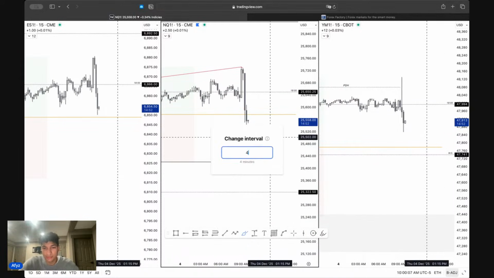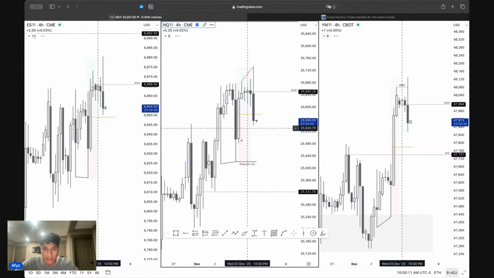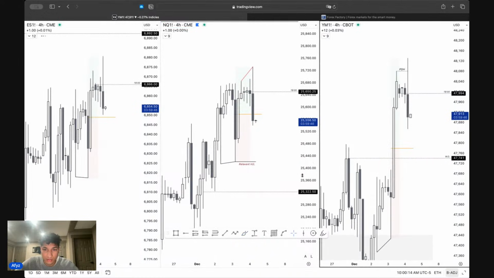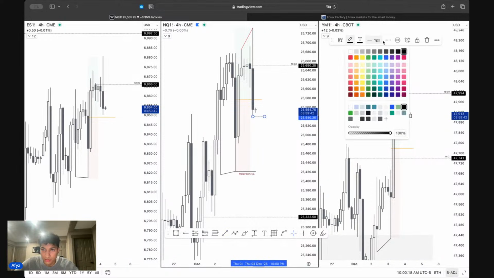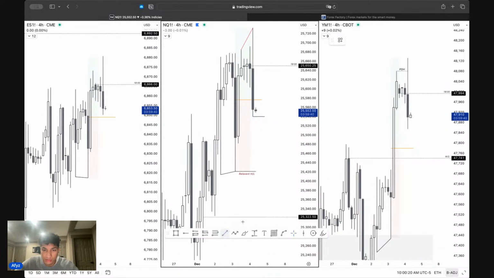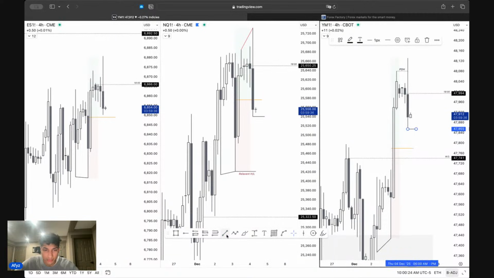So now I have 10 a.m., new 4-hour candle opening, right? Now I want to see open high. This is that previous 4-hour low. Mark that out. This is a 4-hour low inside of a gap for YM.